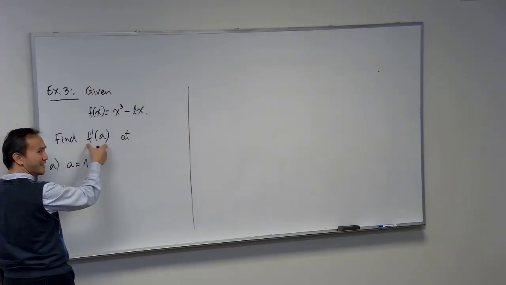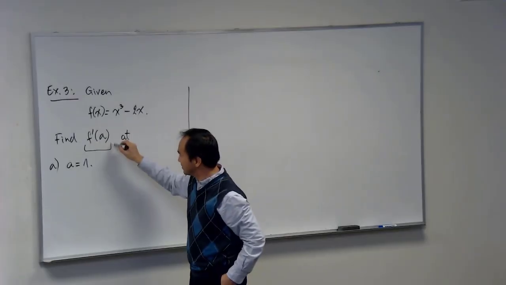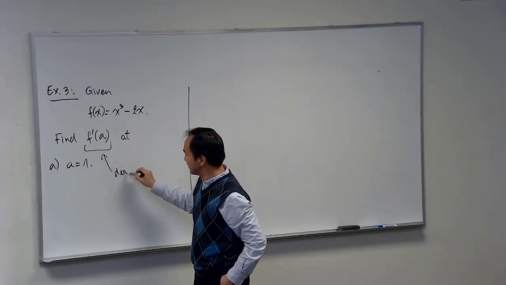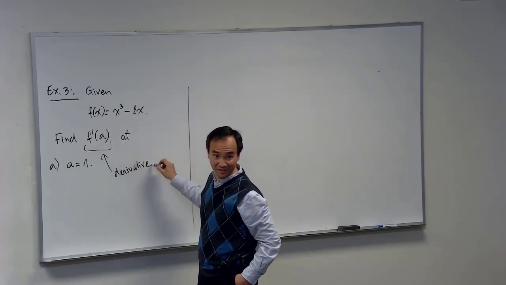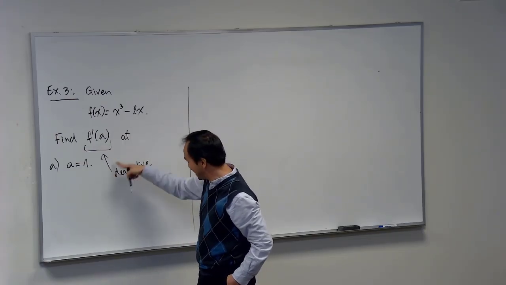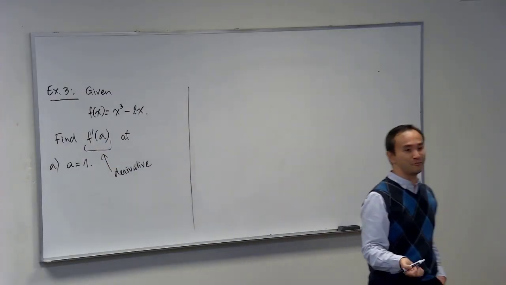What is this called again? Yes, it's f prime of a, or another way of saying that, it's the derivative. F prime of a is the name of the symbol, but it's really called the derivative of the function at a. So get comfortable with that.